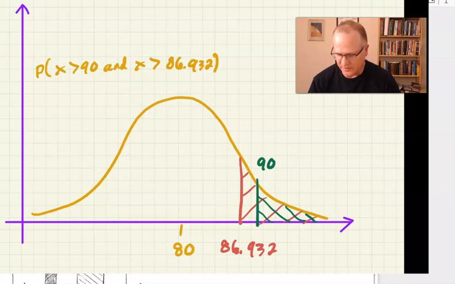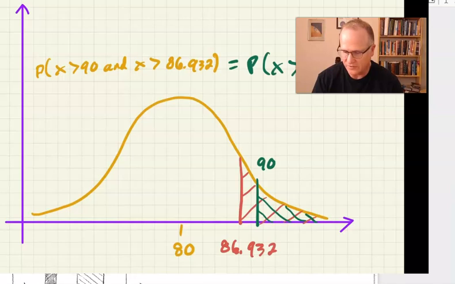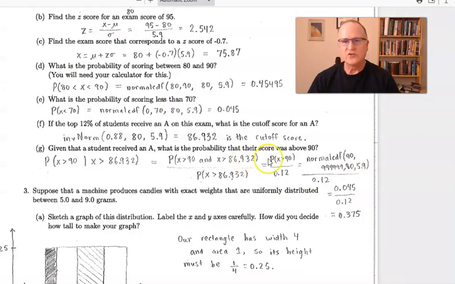And when you look at this, you can see that the green area is in common both to the right of 90 and to the right of 86.932. So that's going to be the overlap. So that's why what we have written up here is really equal to just the probability we get a value greater than 90. So again, that's explaining the logic right here. Why is this statement equal to this statement?